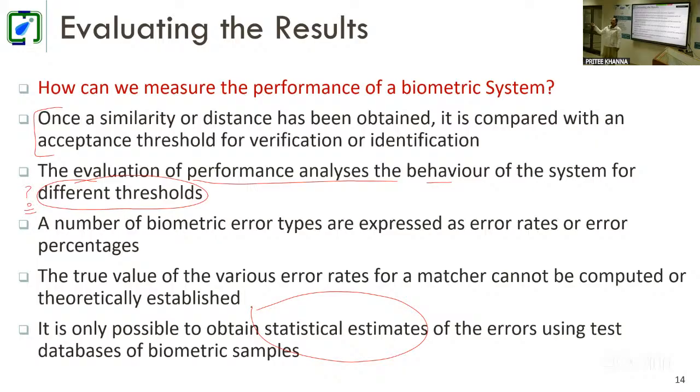How we fix the threshold is based on the probability of the match score. So based on that we decide, looking at the estimates on the test database and seeing what the probability is.